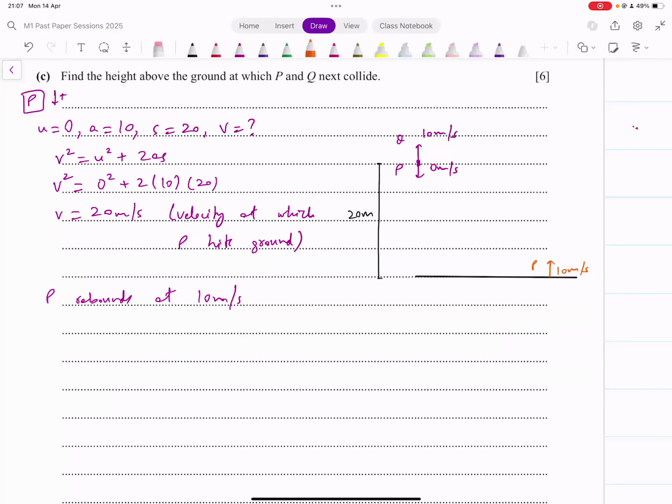It's a standard that you need to know about. If an object is moving in only one direction, you take that direction positive, whichever direction it's moving in. If the direction is changing during the motion, during the journey, you take upwards positive, downwards negative.